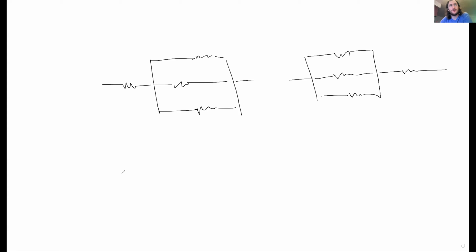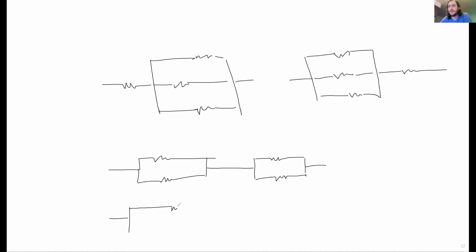There are 2 which are identical in practice, but you can draw them differently. I'll give you guys those 2 now. If I take 2 resistors and connect them in parallel, and then I take the next 2 resistors and connect them in parallel, but I connect those 2 parallel connections in series with each other, then this happens to have identical equivalent resistance to taking 2 resistors, connecting them in series, and then connecting that in parallel with 2 more in series.